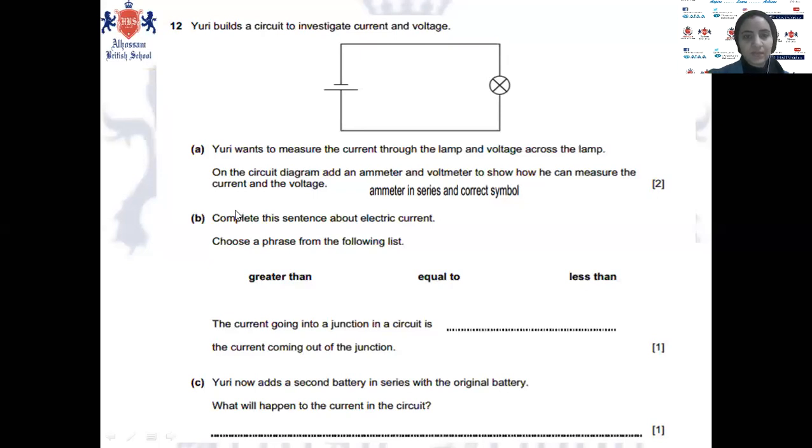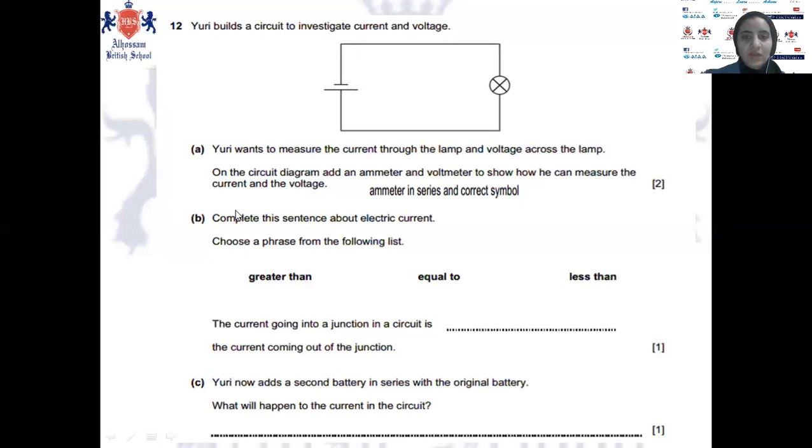Yuri builds a circuit to investigate current and voltage. Yuri wants to measure the current through the lamp and the voltage across the lamp. On the circuit diagram, add an ammeter and a voltmeter to show how we can measure the current and the voltage. The ammeter is in series.